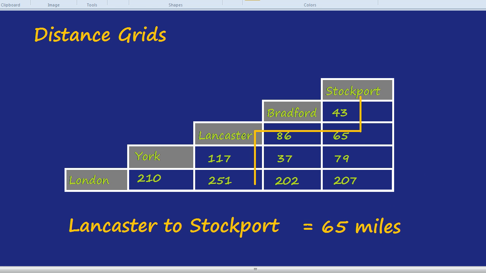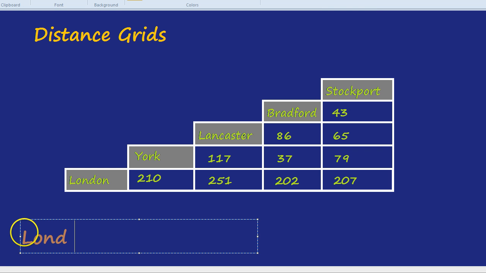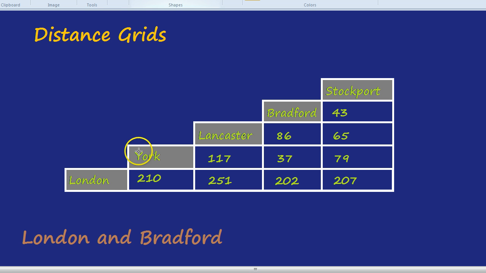Let's do one more and then we're ready for a realistic exam style question. What about the distance between London and Bradford? London and Bradford. How would we do that? Well, we are going to go across and down from London.